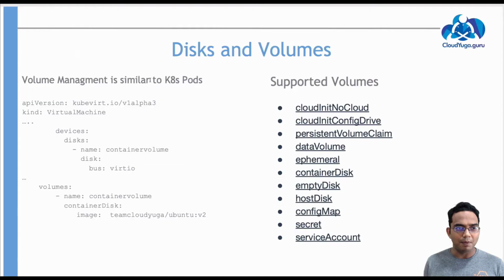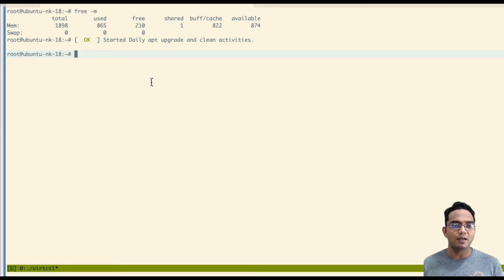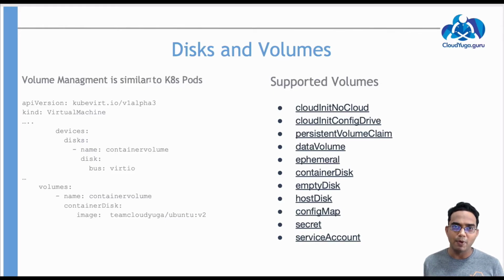So I believe everybody is familiar with how volume management works in Kubernetes. We need to first define the volume, like here we are defining the volume with a driver. And once we have the volume created, then we would attach that volume into our pod, or in this case VM here.